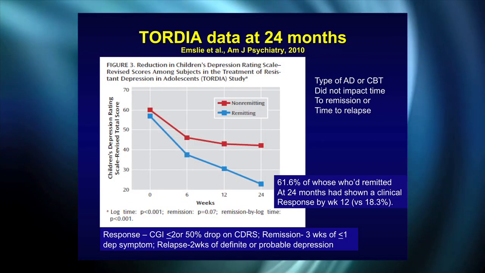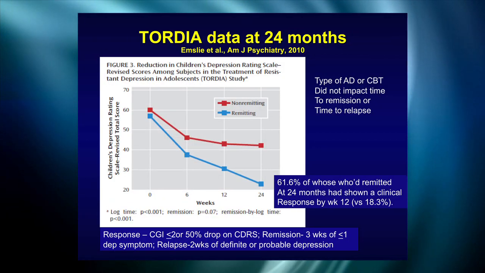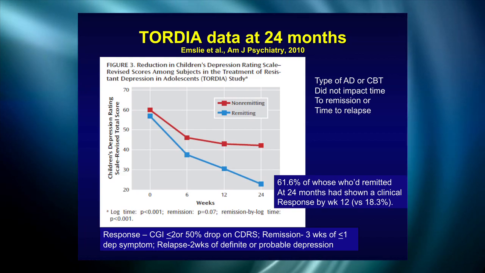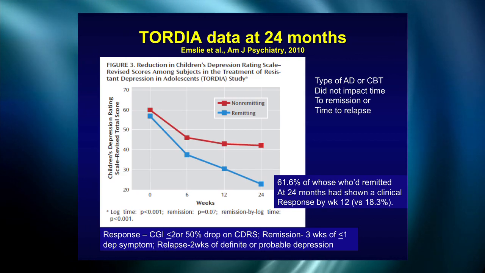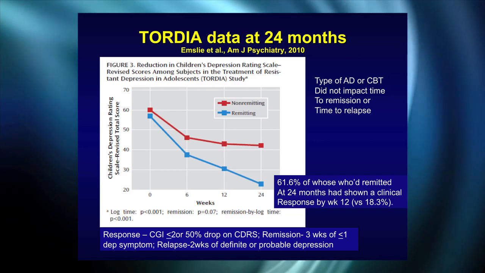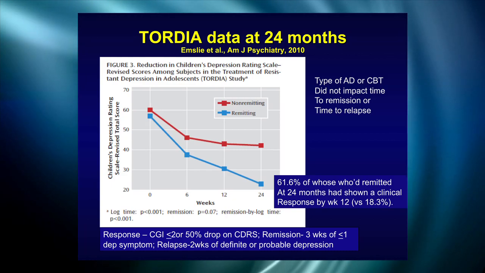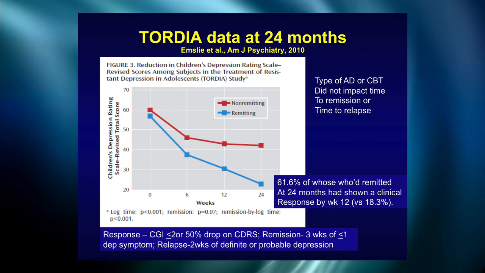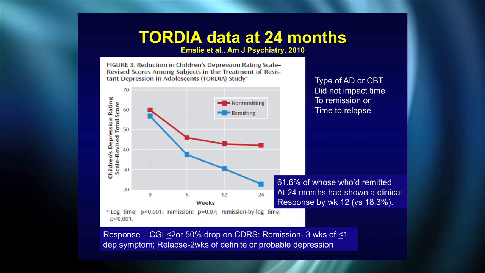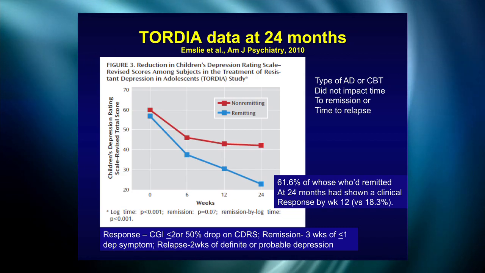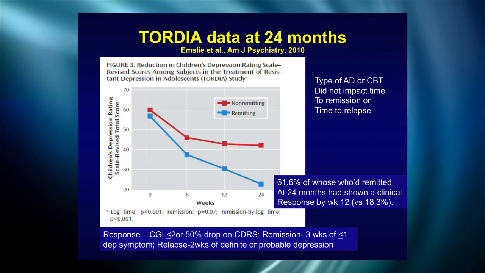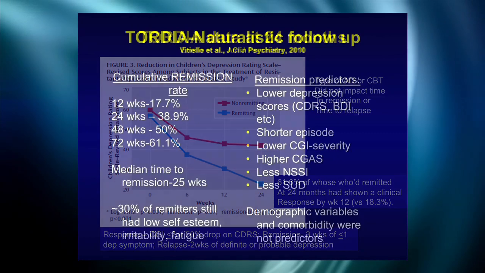By the way, when people decide on remission, you remember that little thermometer that I showed you, remission is defined a priori, and in this particular case, remission was defined as 3 weeks of very few symptoms, 1 or less symptoms. Relapse, meaning you got sick again, was 2 weeks of definite or probable depression. So by and large, 2/3 or so of those who had remitted by 24 months had shown a definite clinical response by 12 weeks, and you could already see the difference beginning at 6 weeks.